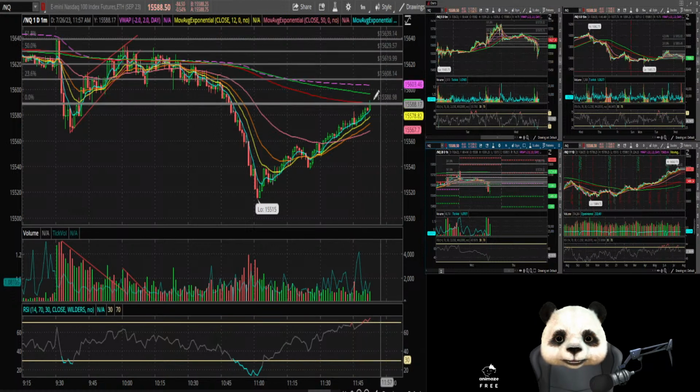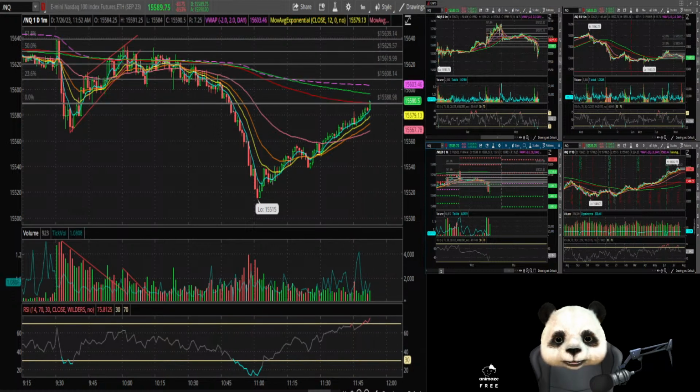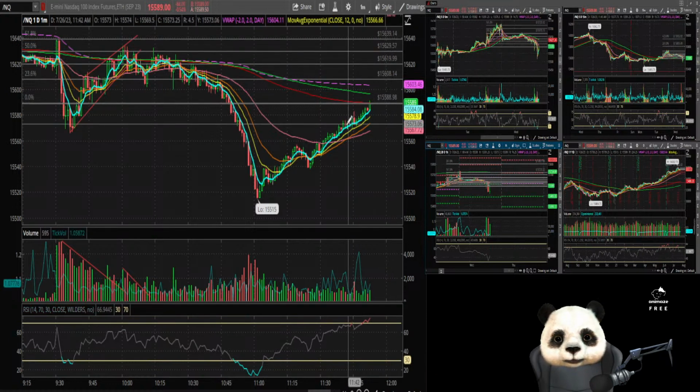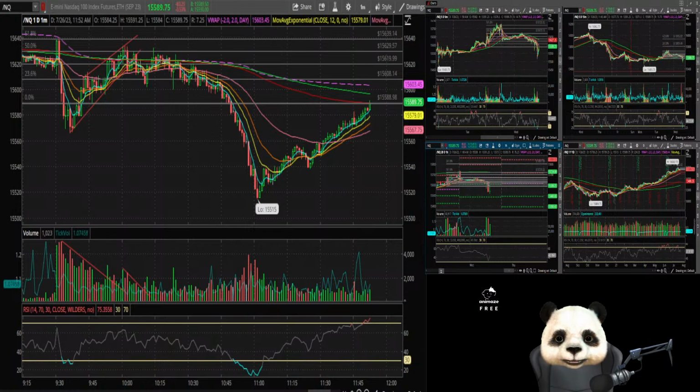Granted it did hit the target I wanted, but I'm comfortable with taking a 25-point profit and scaling in how I'm trading since I just started this Apex.